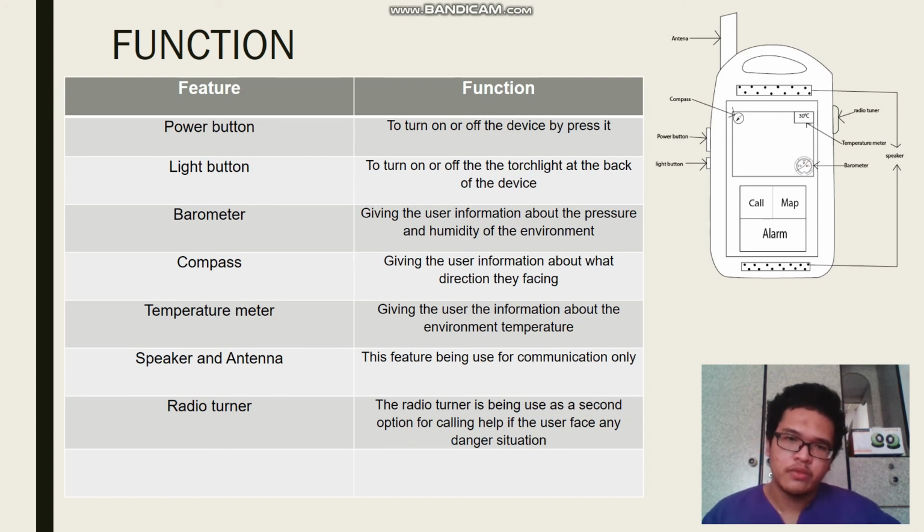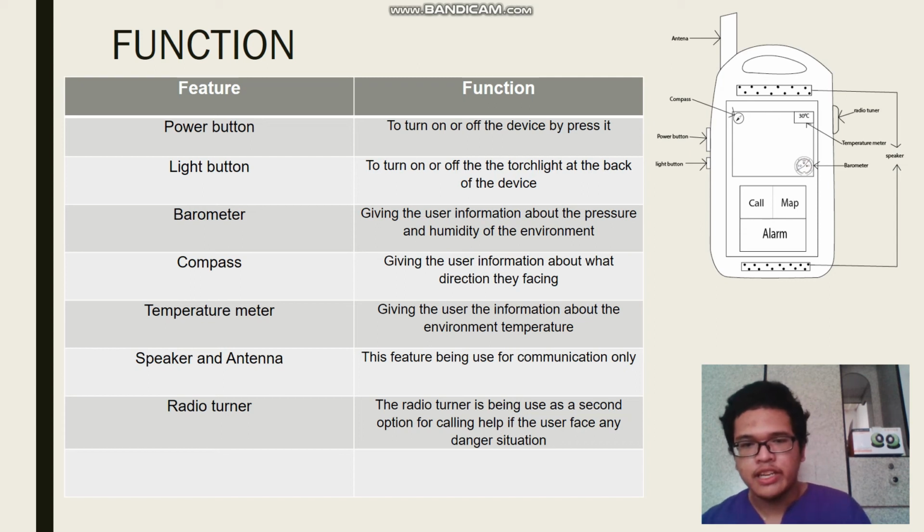The compass gives the user information about what direction they are facing. And the temperature meter gives the user the information about the environment temperature. The speaker antenna is used for communication only. And the radio tuner is used as a second option for calling for help if the user faces any dangerous situation.